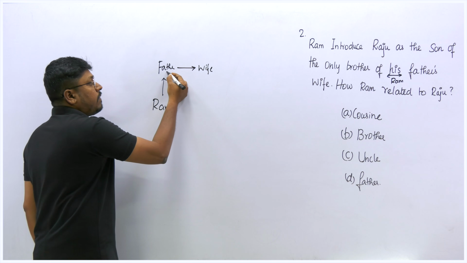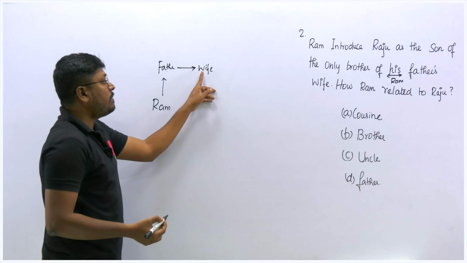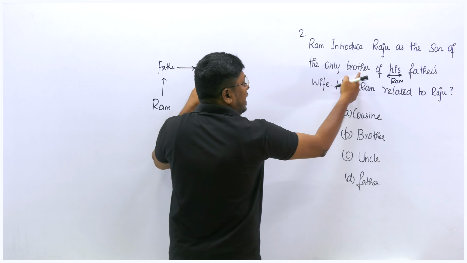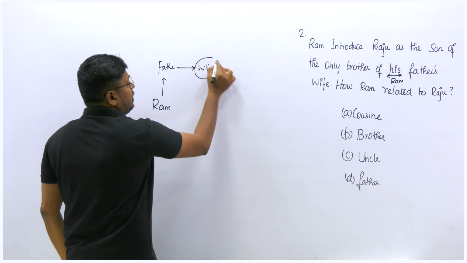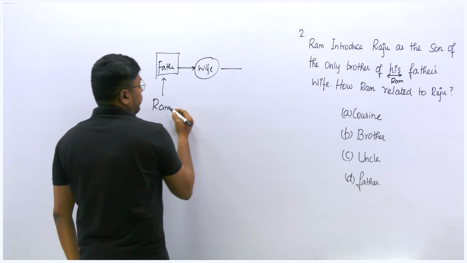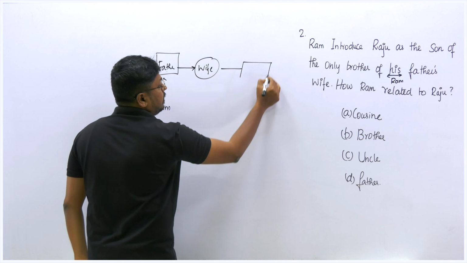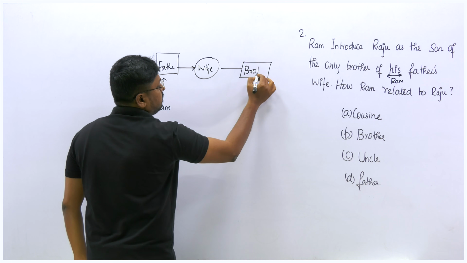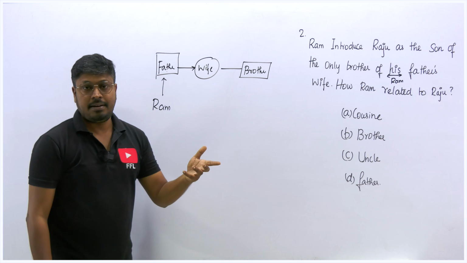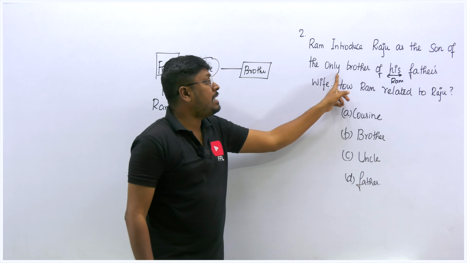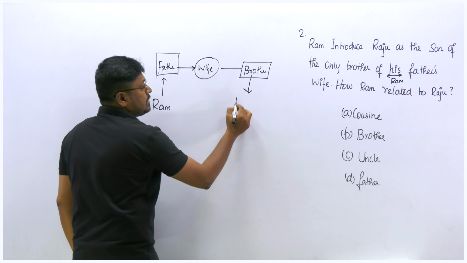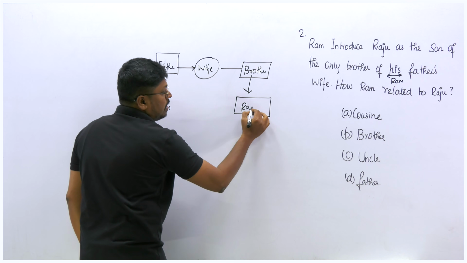Now from this point read the sentence before the word: only brother for his wife, right? For his wife, the only brother means for Ram it will be uncle, right? So mother's brother will be uncle. Before only brother, "son of": the brother's only son will be the person Raju.